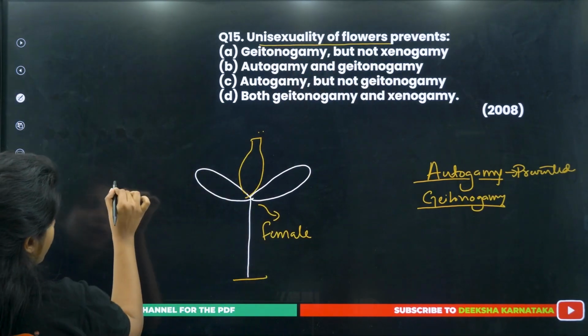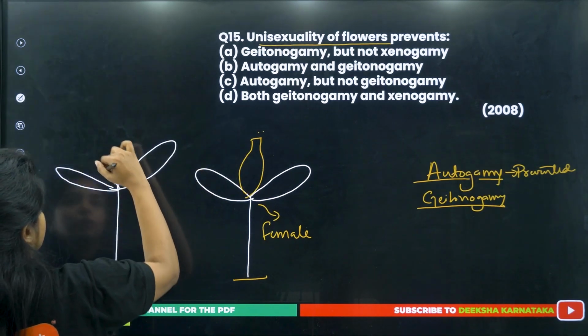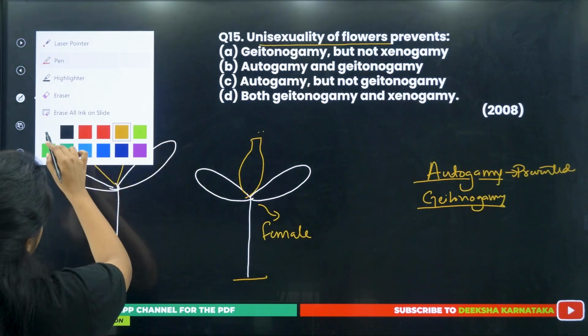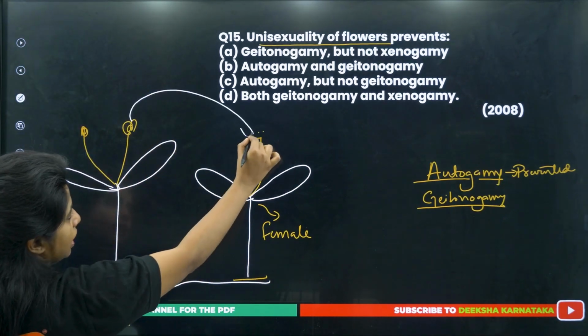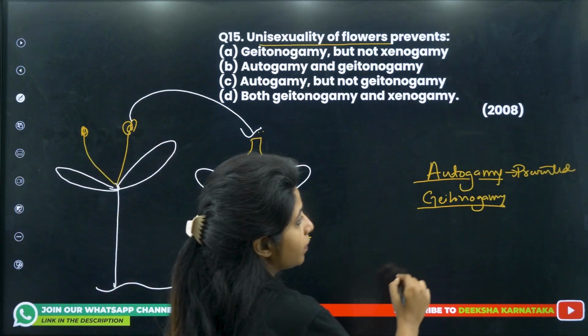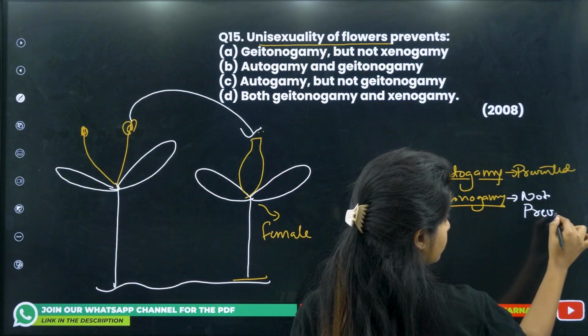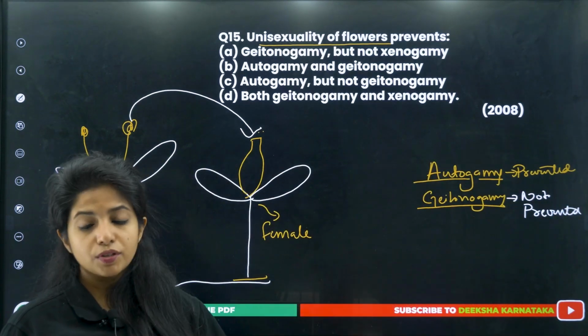Now, there could be another flower in the same plant which would have the anther. Please remember, this is in the same plant. So, from here to here things can go. So, can I say geitonogamy is not prevented? Because if pollination is happening between flowers of the same plant, you call it geitonogamy, and geitonogamy is definitely not prevented.